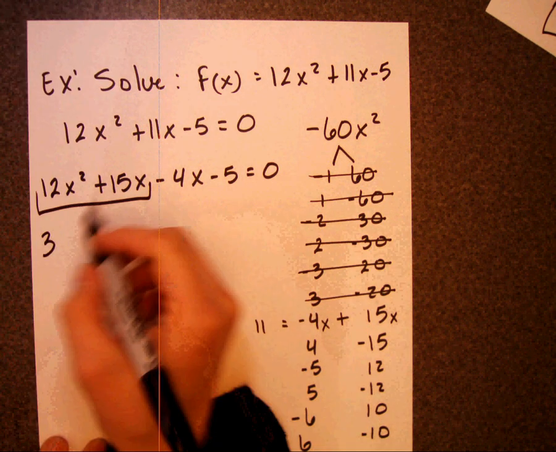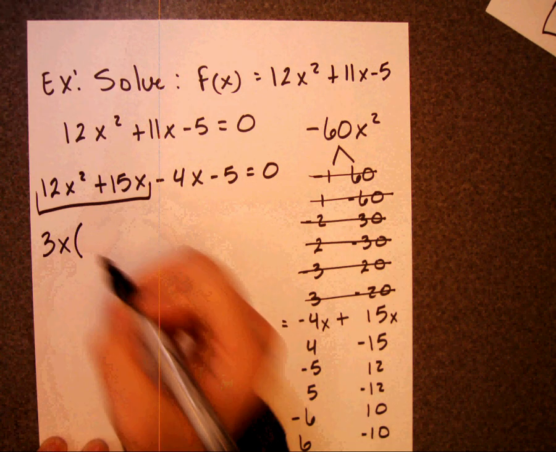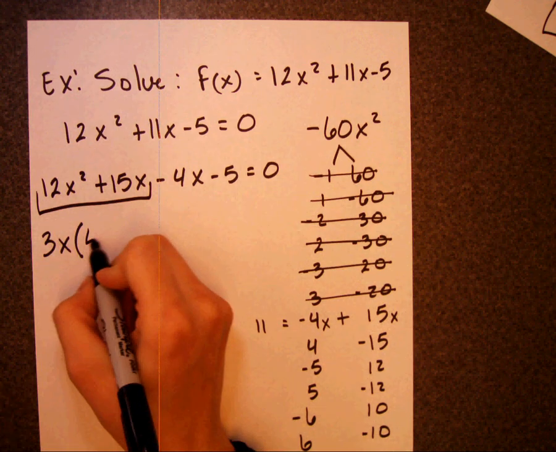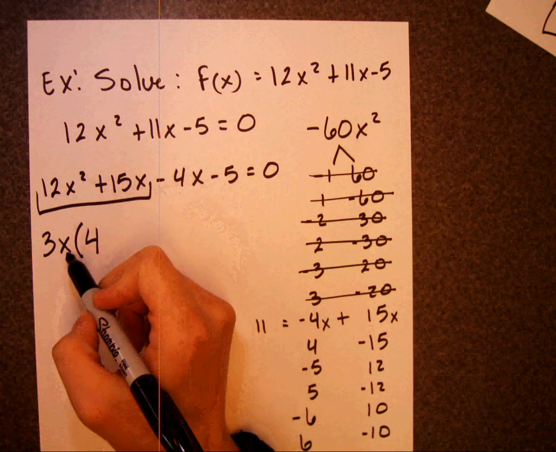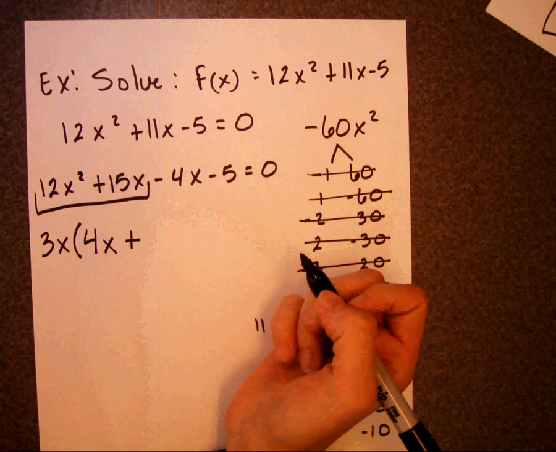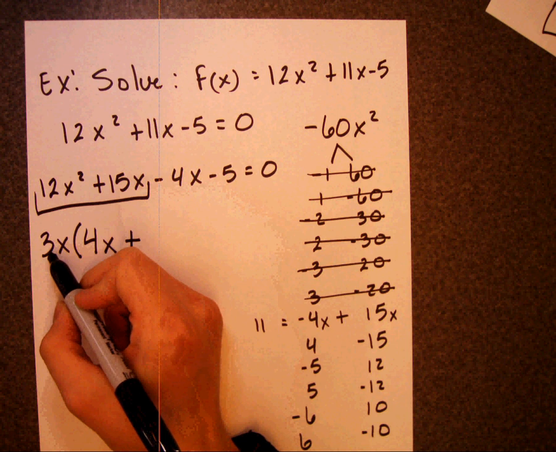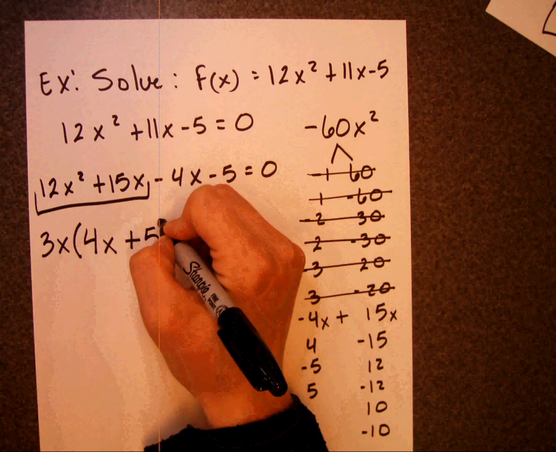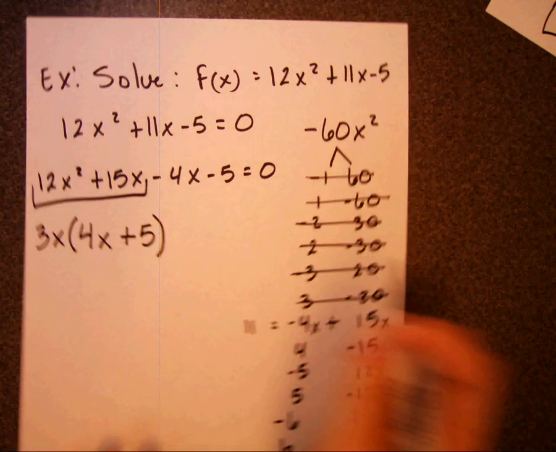And now I'm going to divide to see what I have left over. 12 divided by 3 gives me 4. X squared divided by x is x, plus, because I have this plus sign. 15 divided by 3 is 5. And x divided by x is 1. So I'm left with 4x plus 5. And now I'll do the same thing to these two terms.